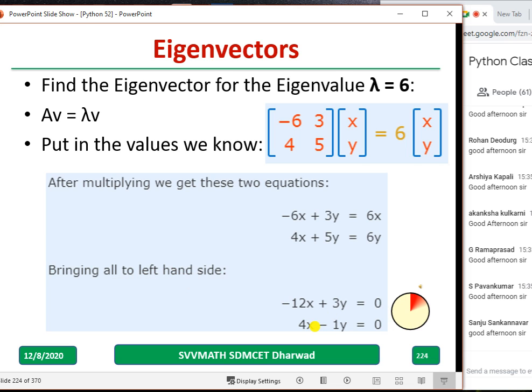I'll wait for 10 to 15 seconds so that you can go through once. Minus 12x plus 3y equal to 0 and 4x minus 1y equal to 0.